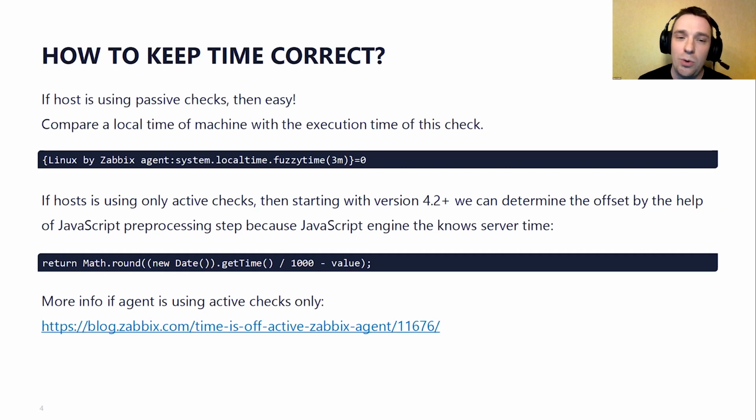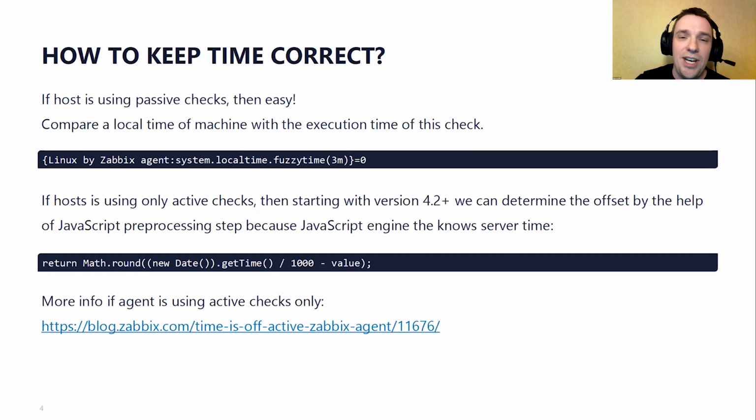In the very second we perform the check, it will be performed in some specific time frame, and we will compare the content we download with the time when we executed this check. So this is very applicable for the passive checks, and for most environments that's enough.